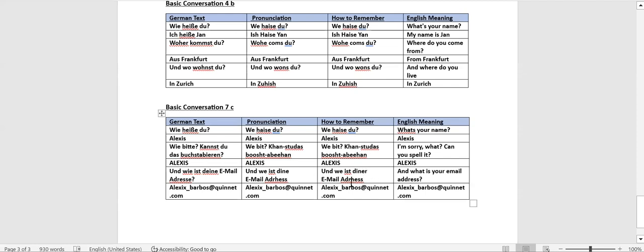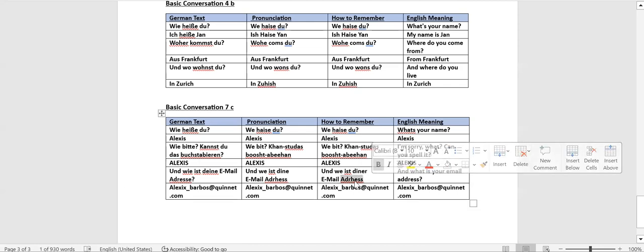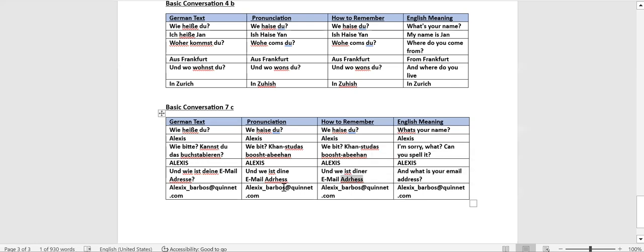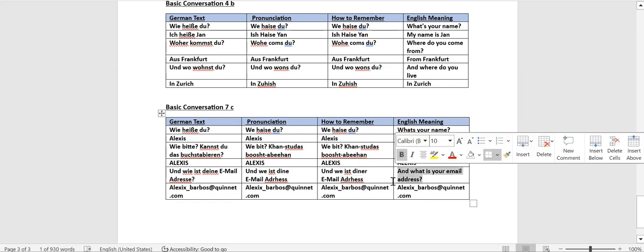Deine email address. See, they have put the spelling like this. Okay, so this is just a way to remember. They don't say address, they say Adresse. Okay, so und wie ist deine E-Mail-Adresse? It means, what is your email address?